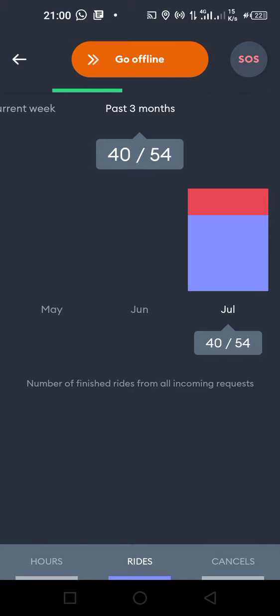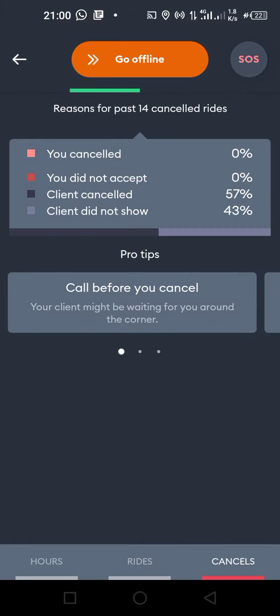So when you come to the cancel section, this is where it will be broken down for you to know what actually caused your cancellation, and it will be calculated based on percentage.